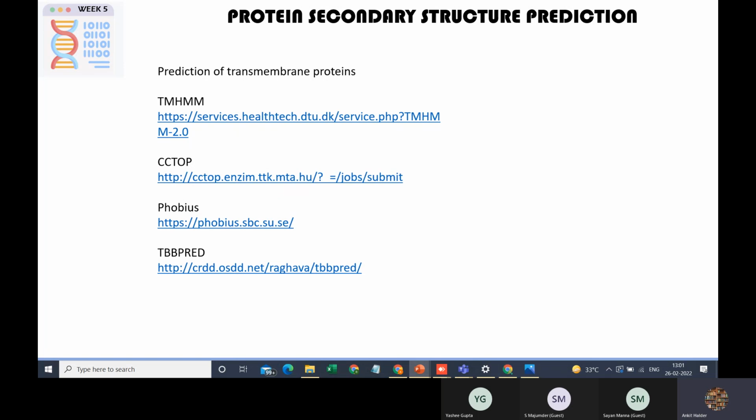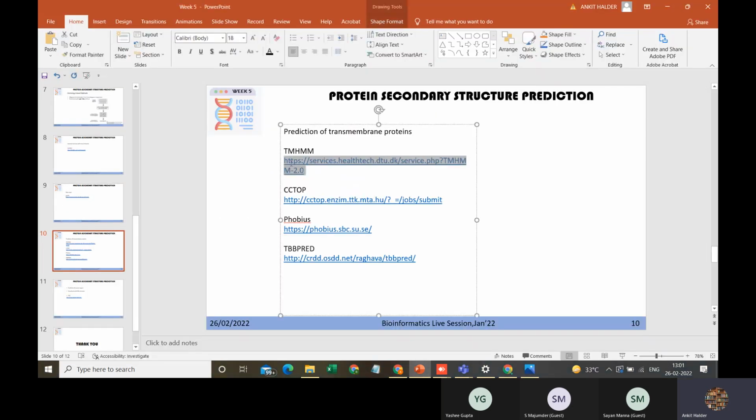So let us look at these tools one by one.